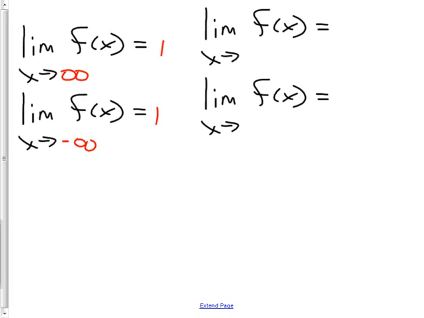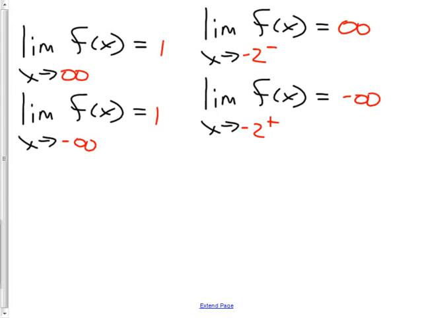The limit as x approaches negative 2 from the negative side is infinity. And the limit as x approaches negative 2 from the right side, the positive numbers, is negative infinity. So from that, you should be able to tell me what the graph looks like.